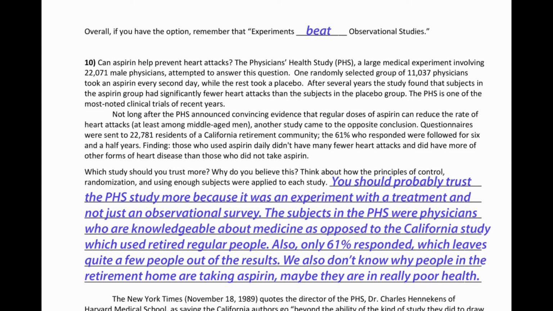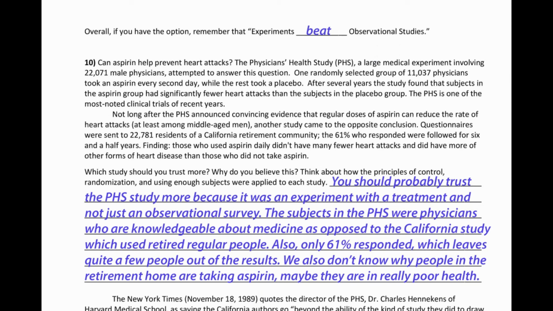Maybe men and women react a little bit differently just because of biology. All of those are things to take into consideration. What I'm showing on the screen is not something you have to have written down word for word, but these are things you might want to have in your back pocket if you have to argue between the two.